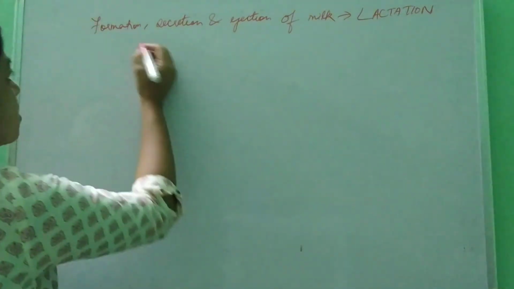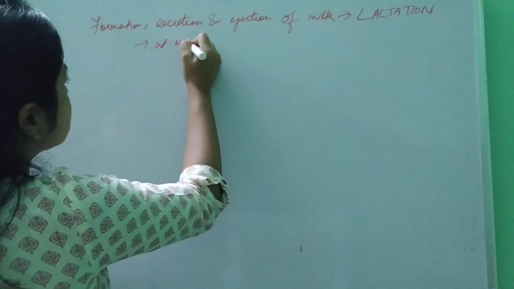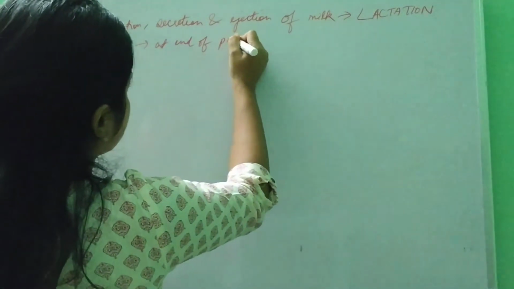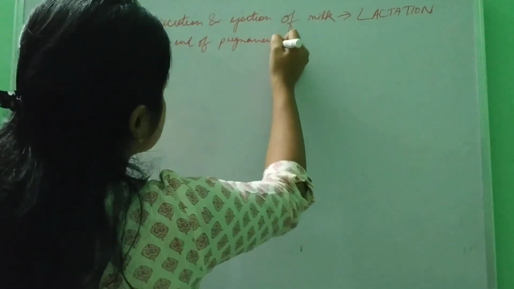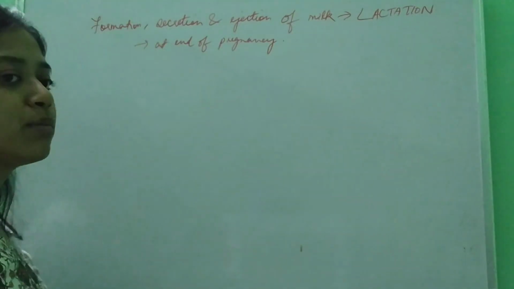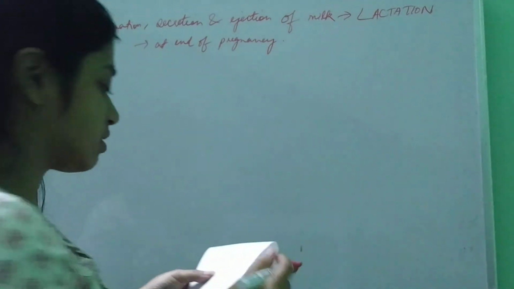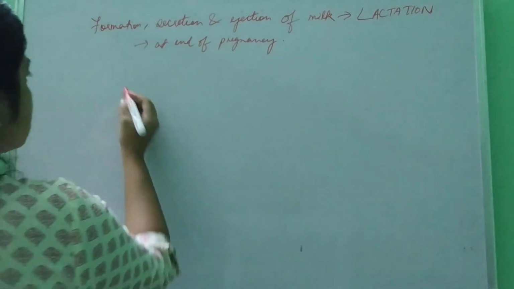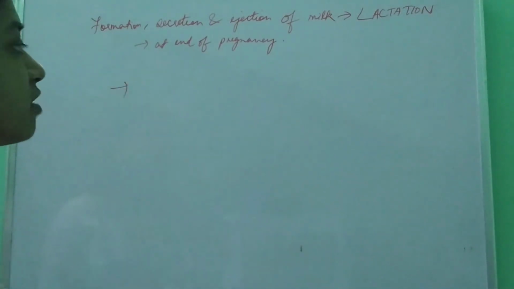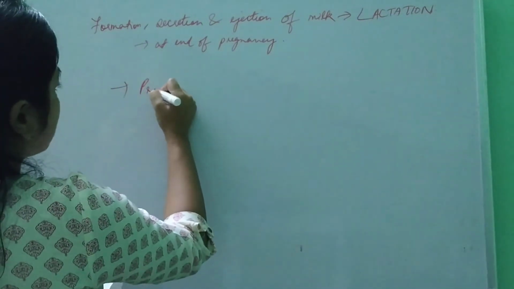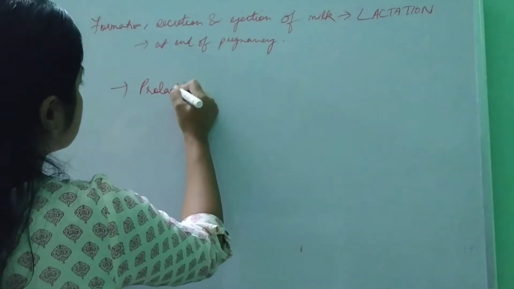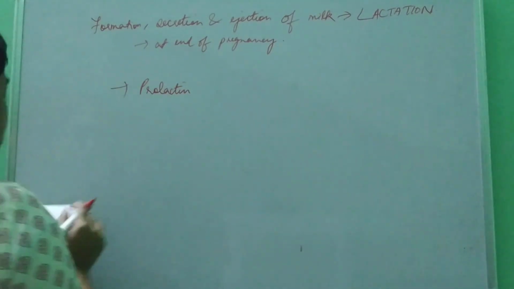Okay, so this lactation occurs at the end of pregnancy, and when the baby will suck the nipple, then the milk comes out. So certain hormones are responsible for lactation. One is prolactin hormone. Prolactin hormone, what will it do?